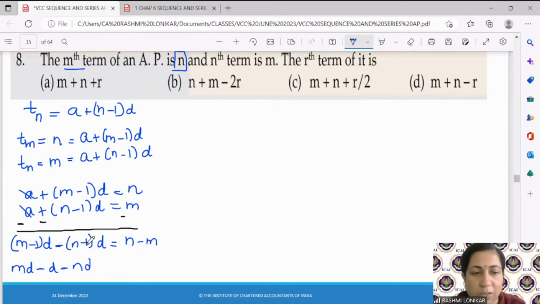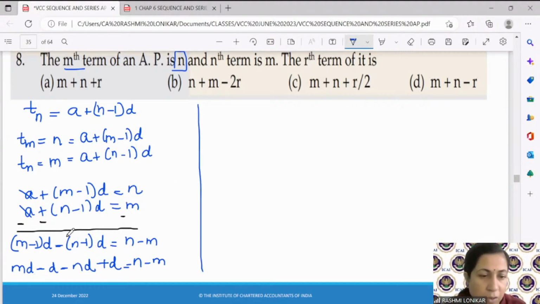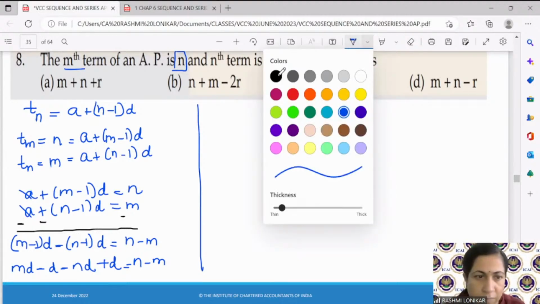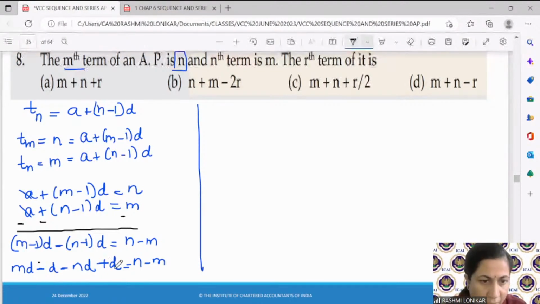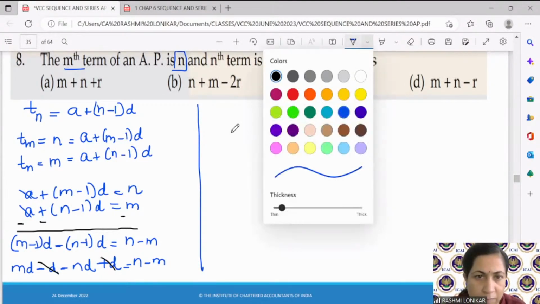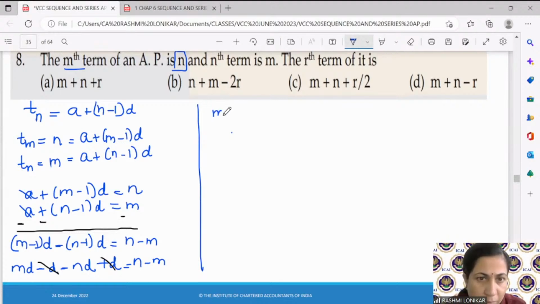Now minus into minus 1 is plus 1, plus 1 into d is plus d, is equal to n minus m. Now this minus d and this plus d get cancelled. So what am I left with? This is md minus nd is equal to n minus m.